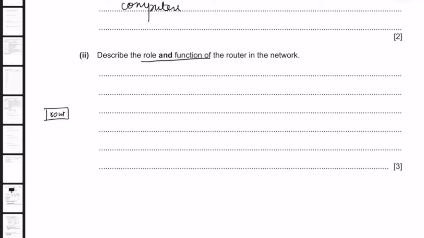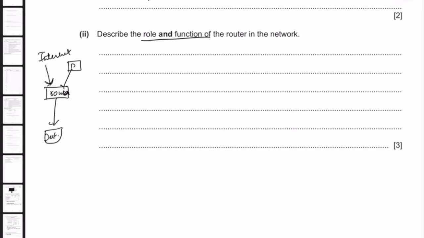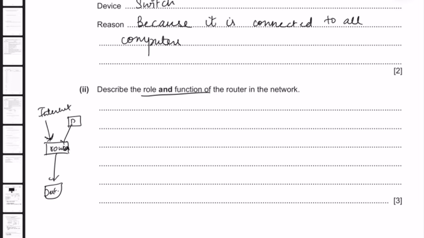It will receive packets from either the internet or random devices, right? And then it will trace down the IP address on the packet, the destination of the packets, and it would send it out to the destination. Alright, that's basically it. It acts as a gateway.